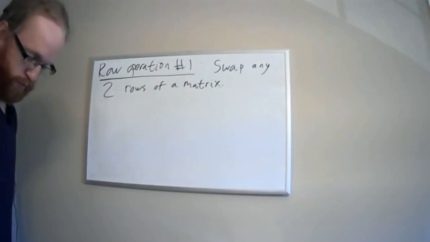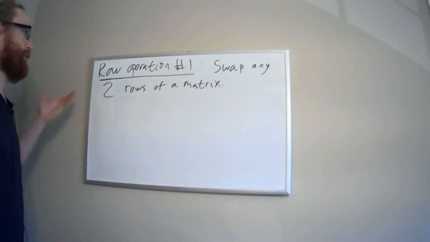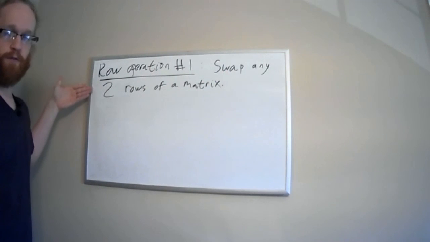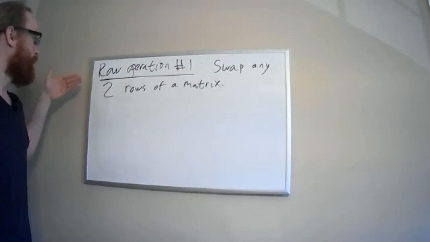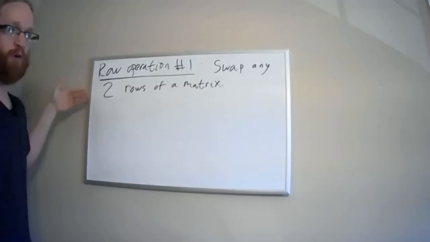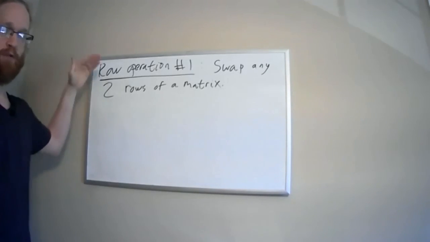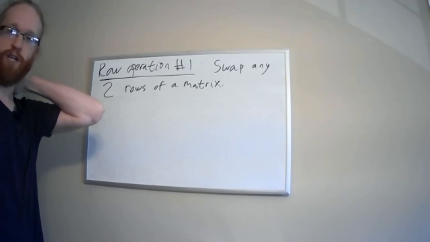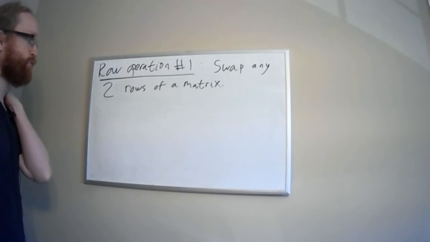I can take 2 rows and interchange them. Again, that's because the rows of a matrix correspond to the equations in a system of equations. As we just saw, it doesn't matter what order I write the equations in a system, so it doesn't matter what order my rows are in either. Sometimes this will be a useful trick.